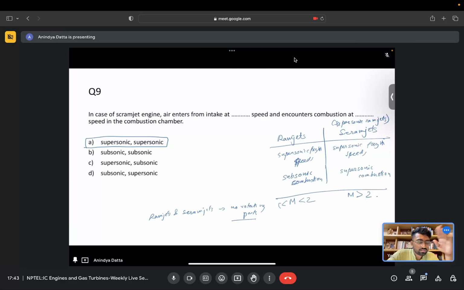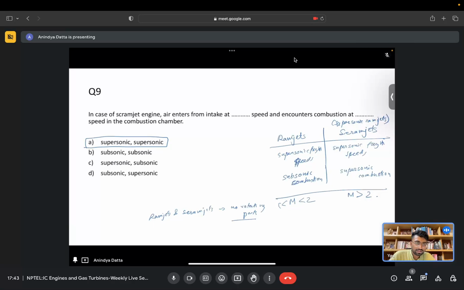But in a scramjet mostly we get a system of oblique shocks, and after the oblique shock the flow generally still remains supersonic, but the flow Mach number reduces. So this has to do with the system of shocks that we get in ramjets and scramjets.